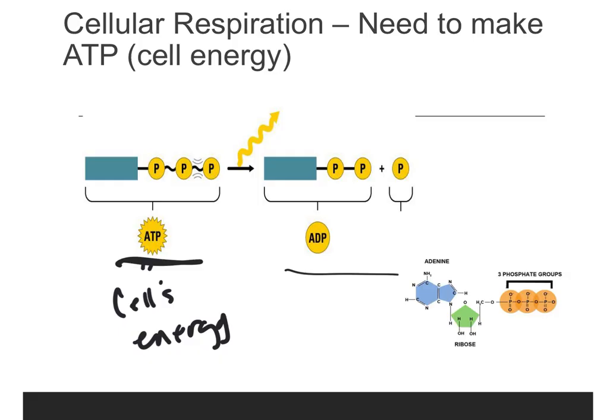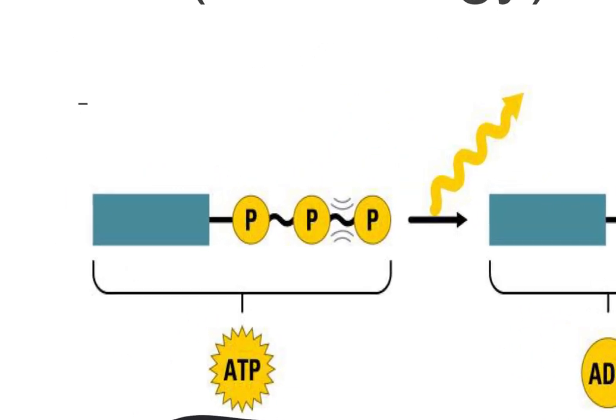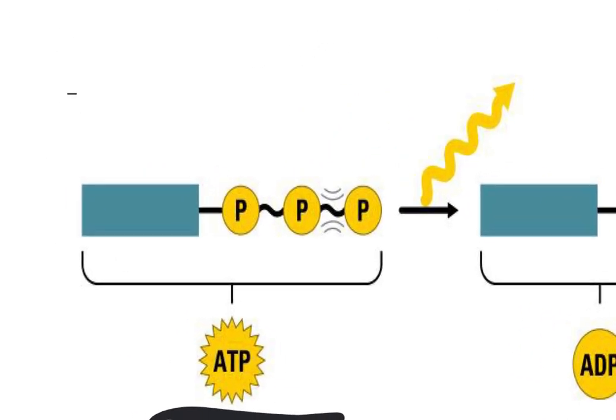Remember, ATP is a nucleic acid. It has the adenine, it has the sugar, but it has these phosphate groups, and that's where the power is stored. In particular, the power is stored in the bond between the second and third phosphates.